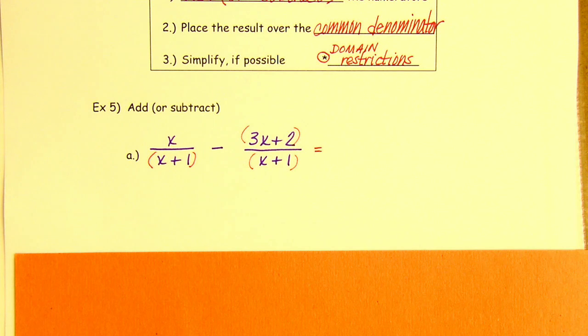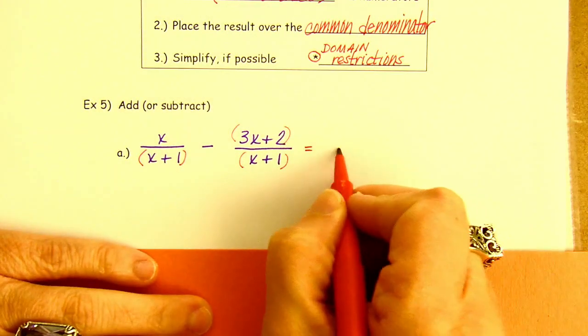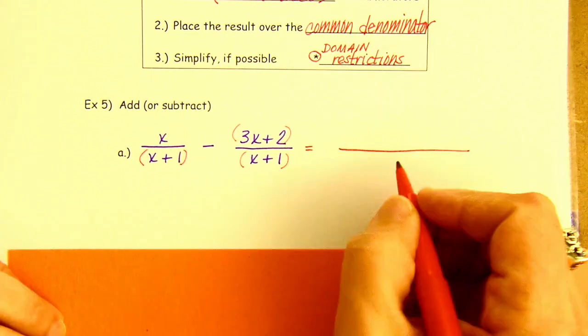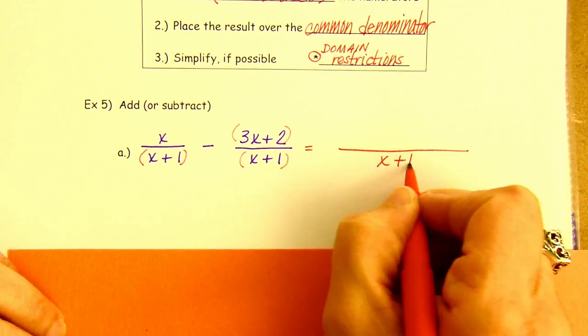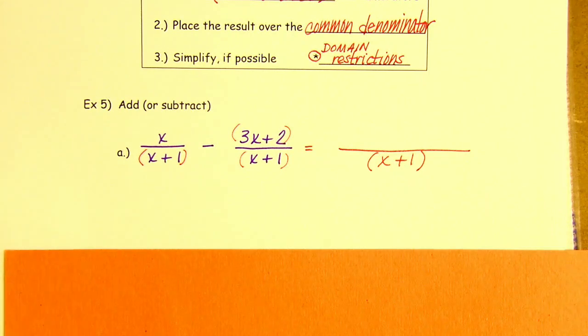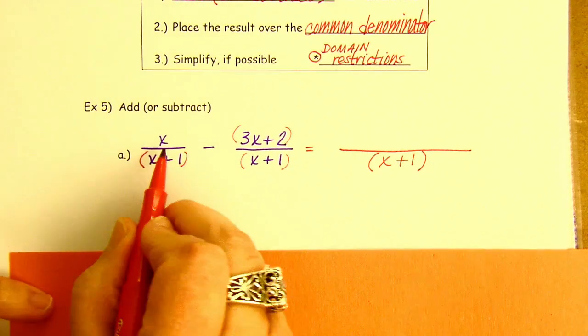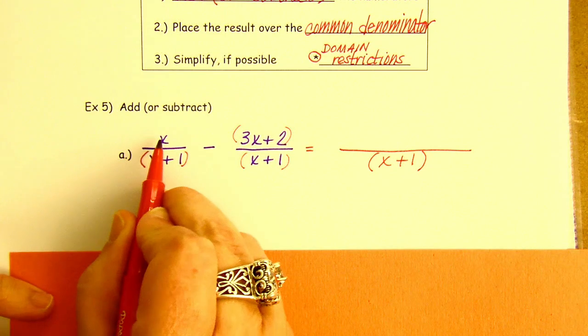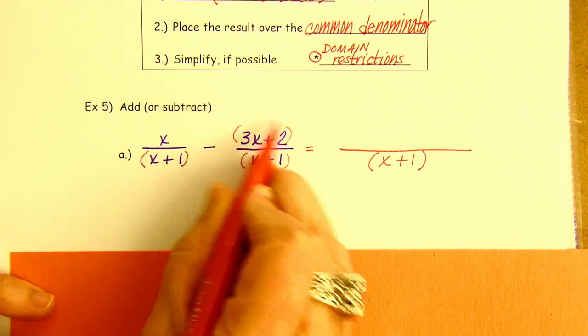All right, the denominators are the same already. So what we're going to do is write one fraction bar with that one common denominator, which again happens to be a quantity. And we're going to write this x subtract the quantity.